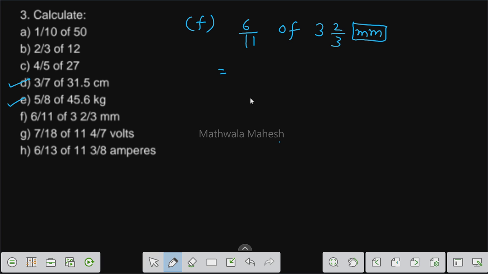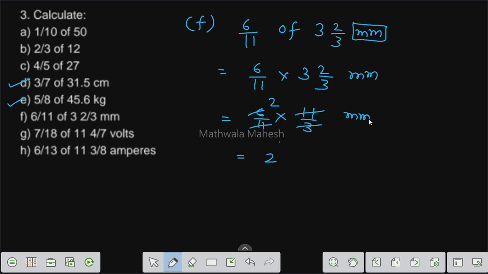You have to keep it 6 by 11 into 3 and 2 by 3, which is 6 by 11 into, now changing this mixed number into a fraction, 9 plus 2 is 11 by 3. So 11 and 11 cancel, 3 and 6 gives 2. And you have to put the unit in every step, mm. So the answer is 2 mm.